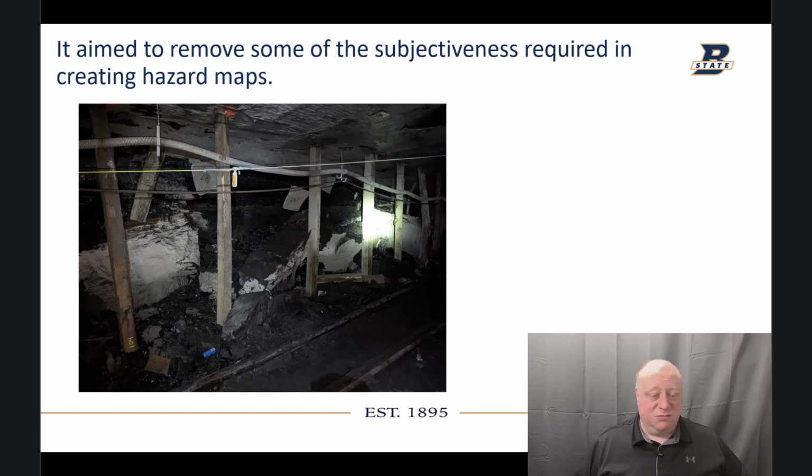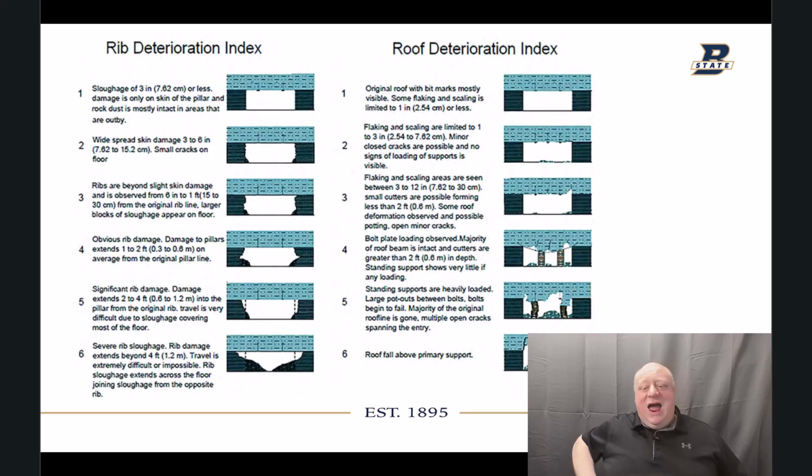This is basically the baseline for that. And in doing so, looking at past literature and applying what we wanted in a modern classification system, this is what they came up with.